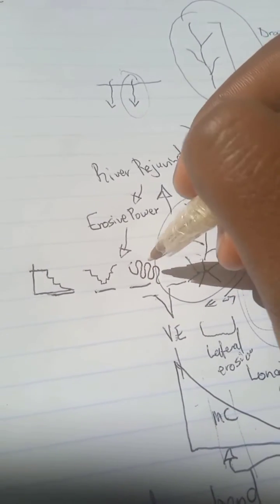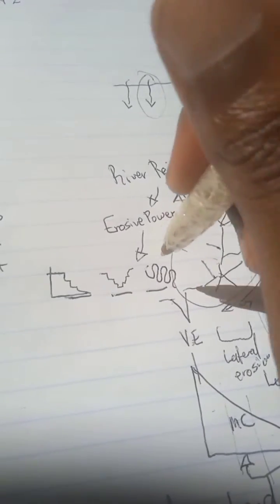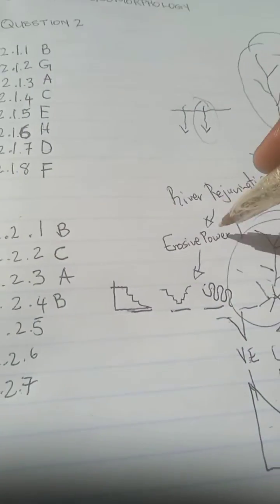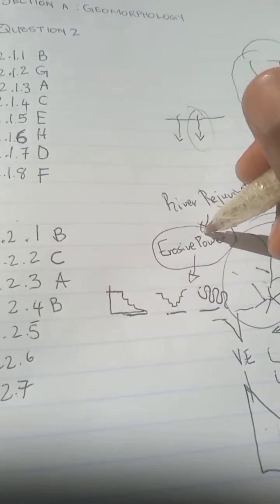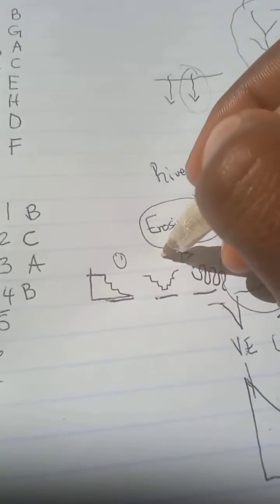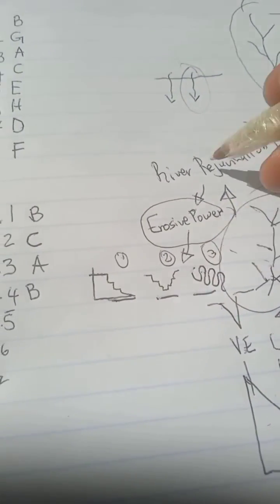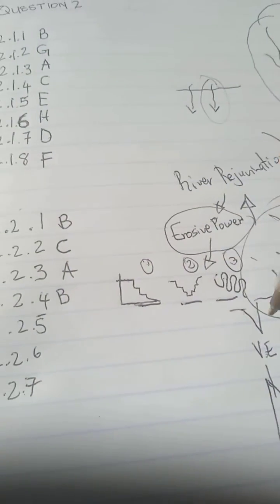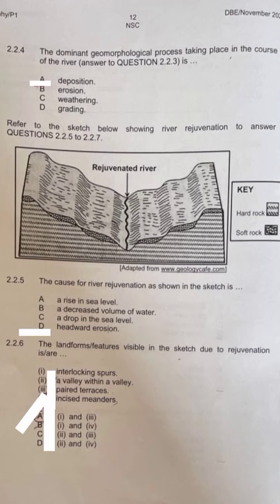They have sharp turns, and they are very, very deep, due to the continuous erosion that they have undergone, because the river has been rejuvenating over a long period of time. So these are the three landforms I know of that result from river rejuvenation: nick points, terraces, incised meanders.